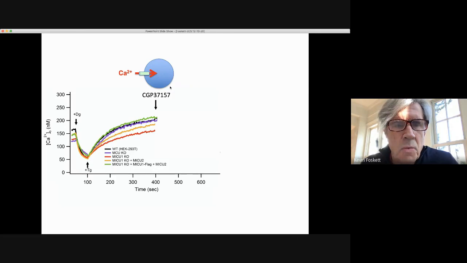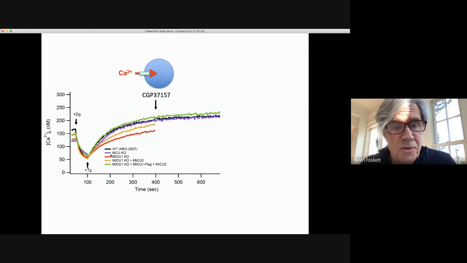So at this point, we can add this compound, the CGP compound, to disrupt the pump leak balance by eliminating the activity of the sodium-calcium exchanger. And this enables us to then get an instantaneous picture of what's going on with calcium influx.